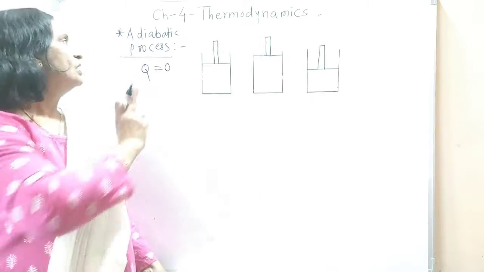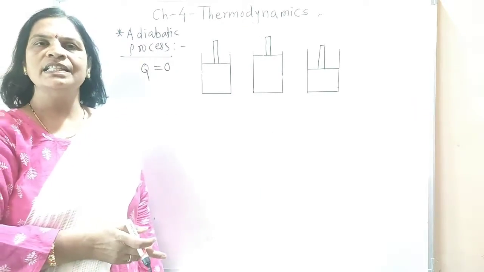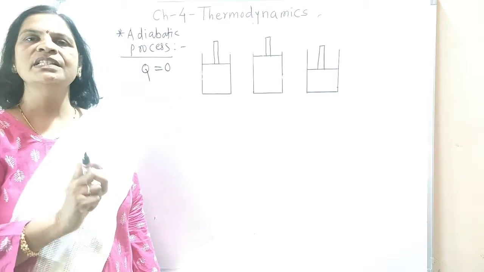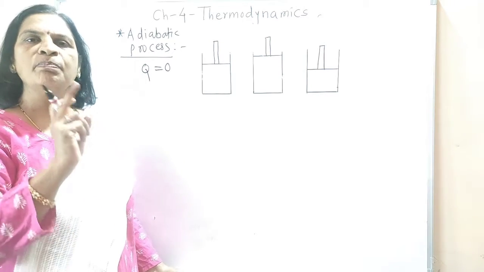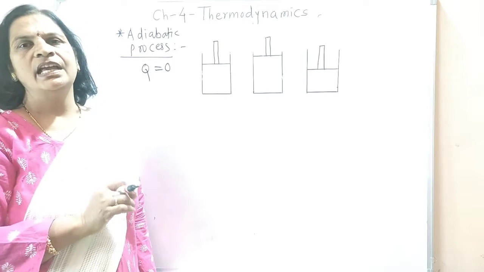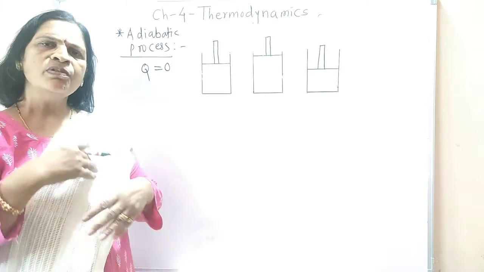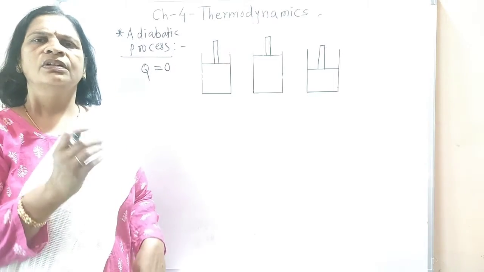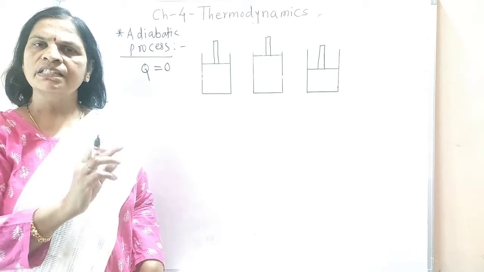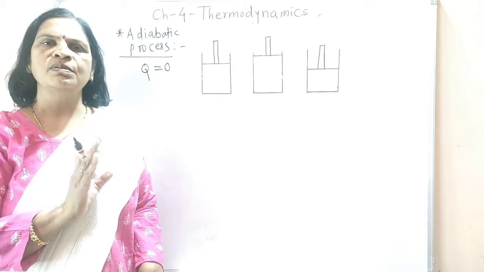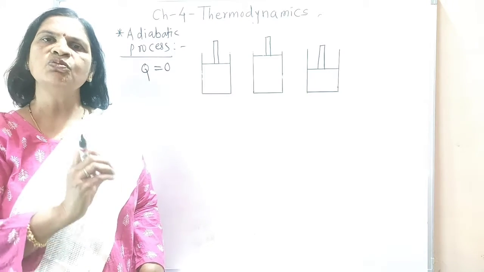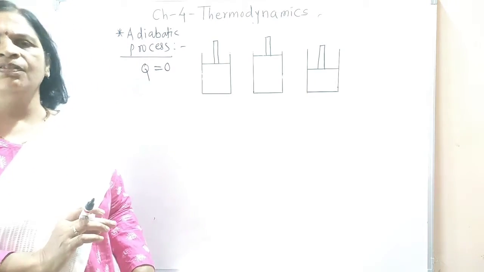Means the first condition for adiabatic process is that the boundary of the system should be perfectly insulating, and the second condition, this process should be very fast so that the system does not get time to exchange heat with the surrounding or environment.